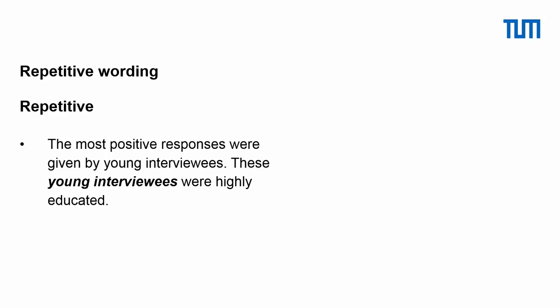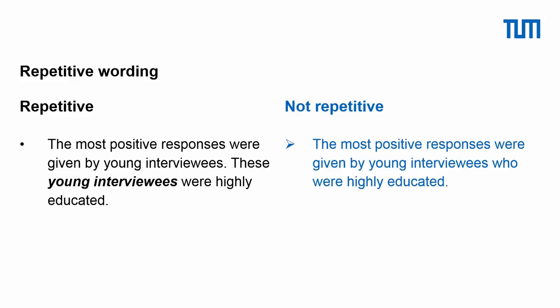Okay, welcome back. Hopefully you were able to come up with a solution. I'll just take you through a couple of my ideas. Firstly, we might write the most positive responses were given by young interviewees who were highly educated. So here we can use a relative clause instead of a second sentence and the repeated phrase.